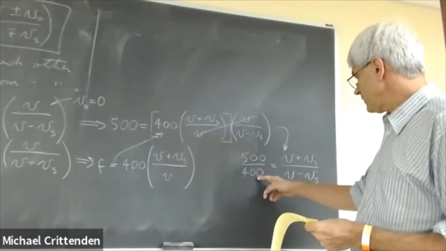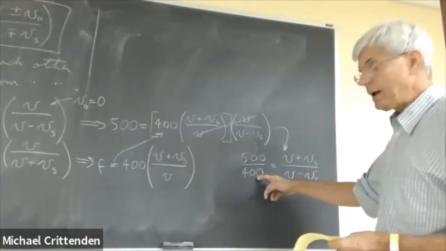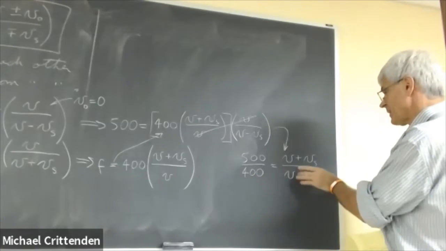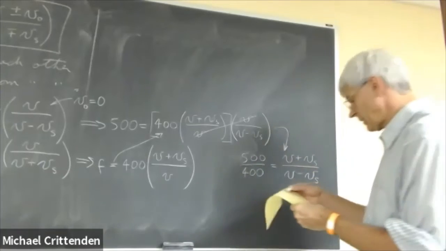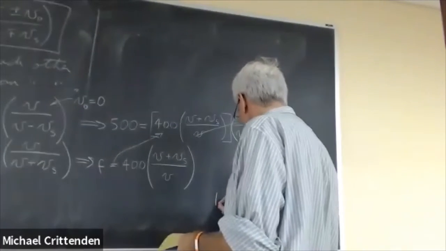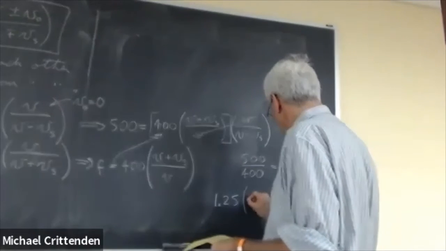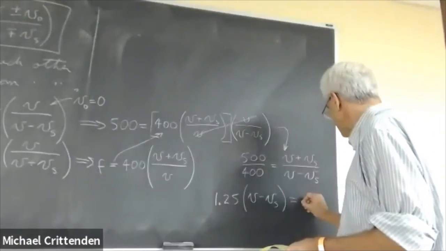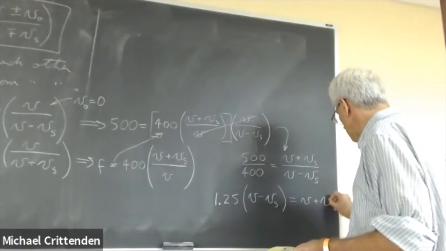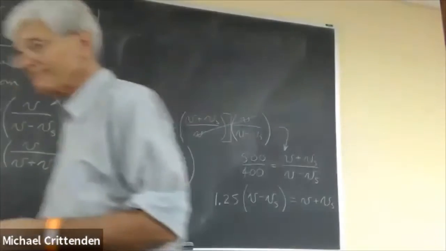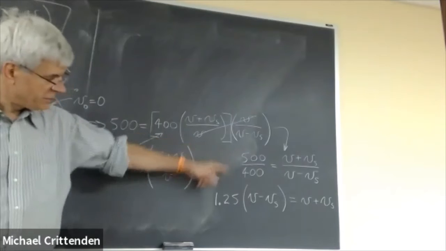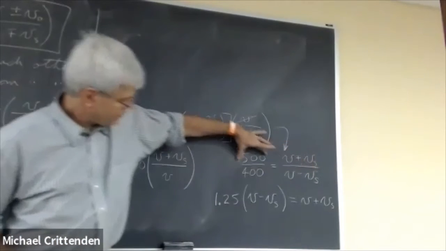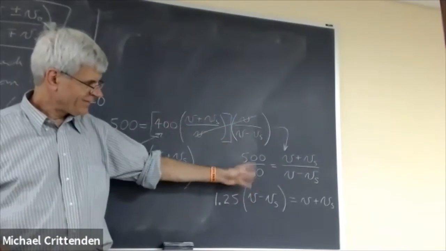Anyhow, 500 over 400 is equal to 1.25. And I'm going to take the V minus Vs and multiply both sides by that, to get rid of the fractions.